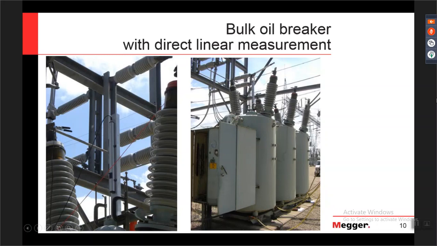So in this case, you have a direct connection between the transducer and the main contact. Here you see the enlargement of the transducer, and the rod going down in this big tank.